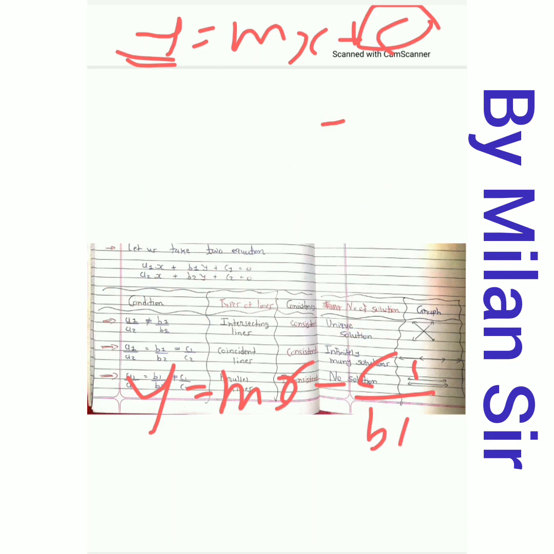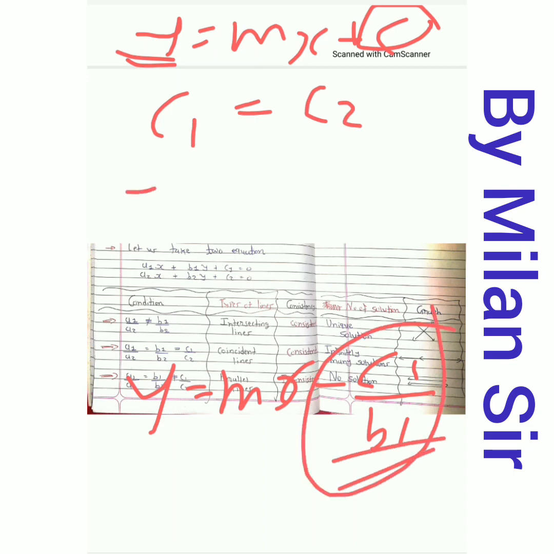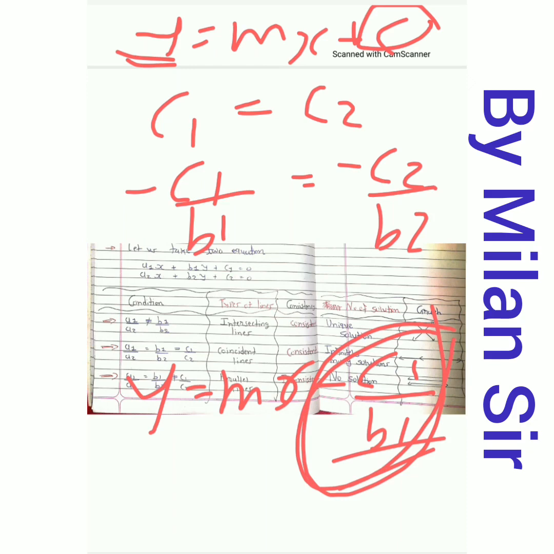Now here what we get for intercept? Our c1 needs to be equal to c2, but our c1 is here minus c1 upon b1, and here minus c2 upon b2, right? Because we are converting standard form into y is equal to mx plus c. So our intercept c becomes minus c upon b.